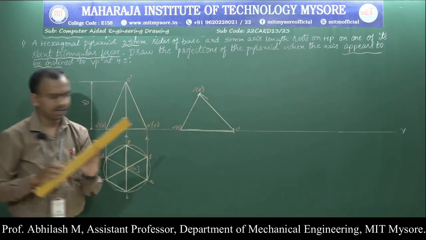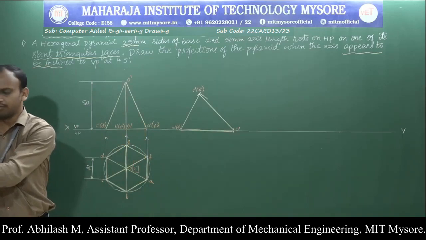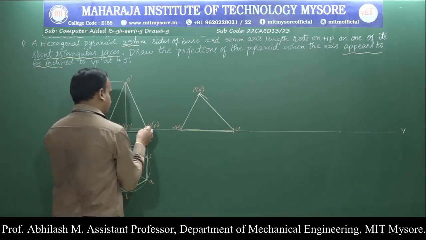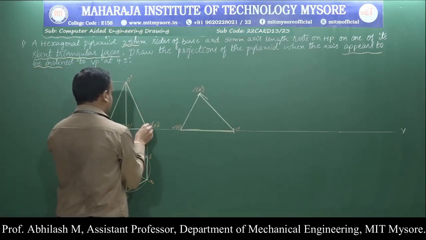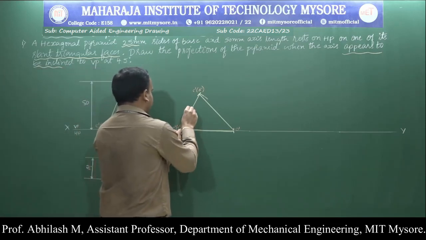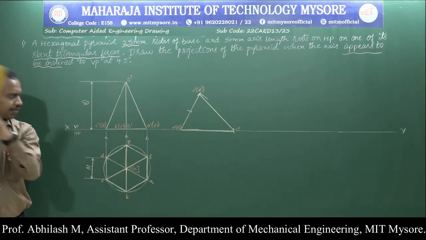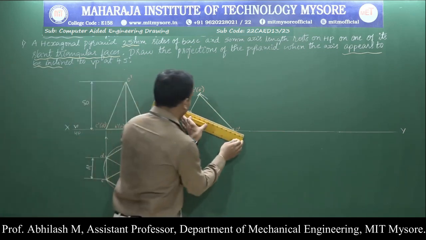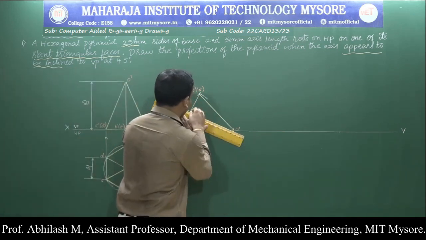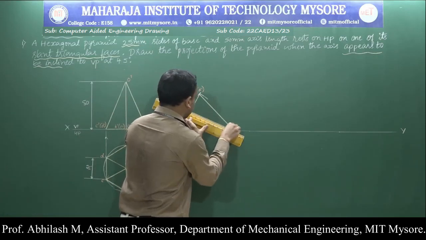Now the midpoint, we can identify it through that, or you can go with the arc method from A dash of F dash to identify B dash of E dash, or the O1 dash. Again it's a thick line.